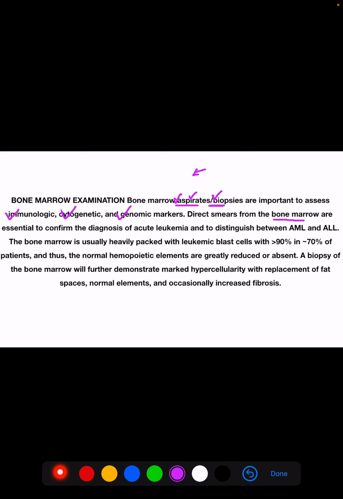From bone marrow, a direct smear is taken. This will confirm the diagnosis of acute leukemia. Blast cells will be there on the smear, and this also confirms whether it is an AML or an ALL.